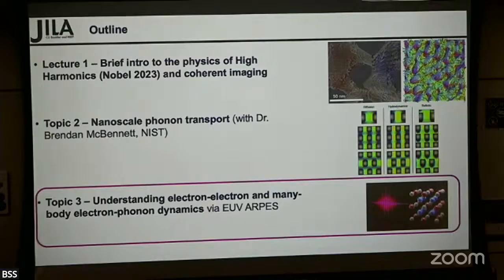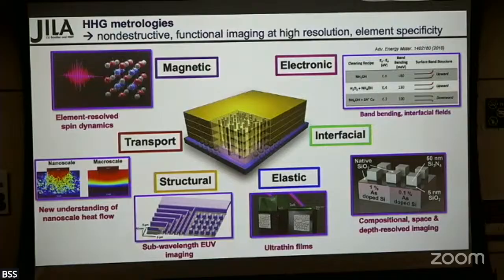I had illusions of also talking about magnetism and spin dynamics, but you might as well just cover one topic well, and it also reinforces what Dan Dessau will talk about for probing quantum materials. As I said, we looked at some static properties in the first lecture, and then Brendan talked about the transport properties.